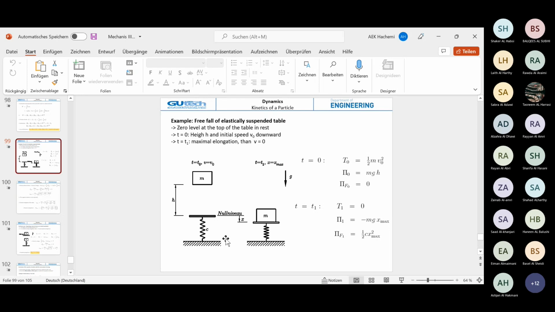Why? Because in the initial conditions, we know everything regarding the geometry as well as the motion at the initial position. It's always given in general.